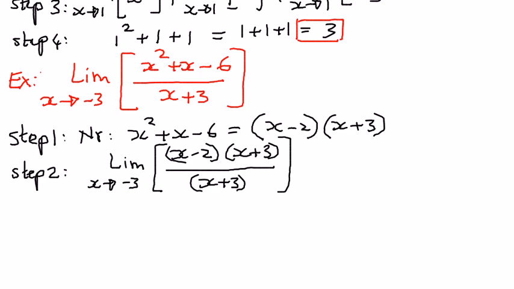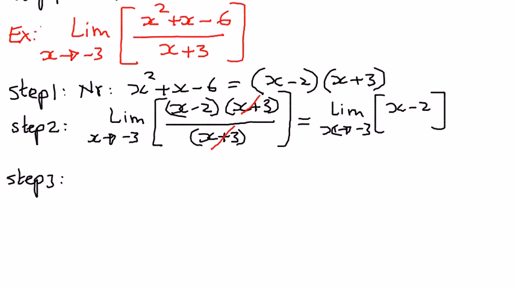We said if we have terms in the numerator and denominator which are similar, we can cancel them out. x plus 3 and x plus 3 cancel out. So therefore we are left with limit of this function x minus 2 as x approaches negative 3.